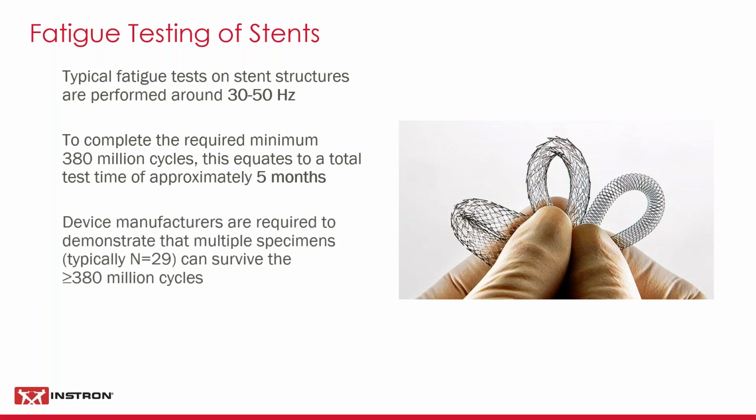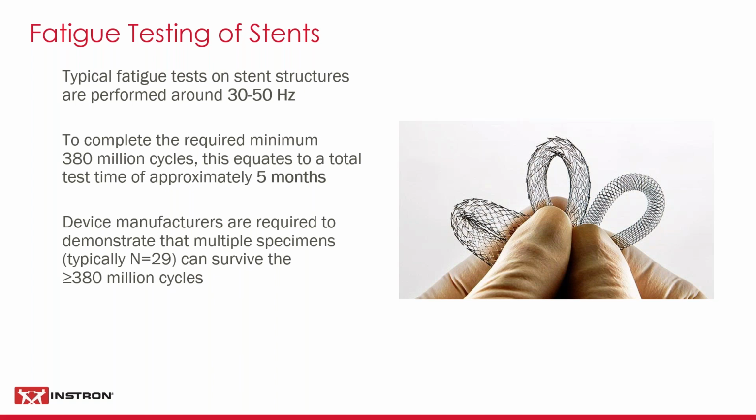Now, when we consider that you don't just have to test 1 or 2, you have to get a statistically relevant sample, which means that you have to get 29 specimens, 29 stents from one batch, all to survive more than this 380 million cycles. So this is not really a very commercial option to test them one after another, or indeed to have 29 machines running side by side.